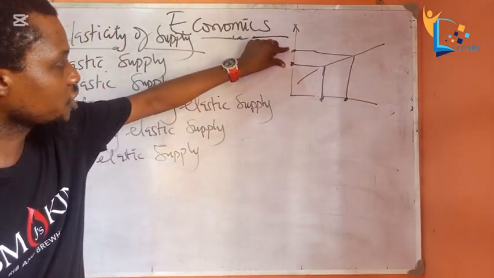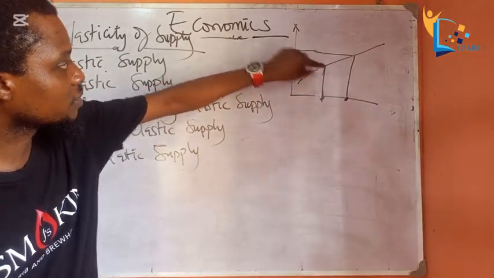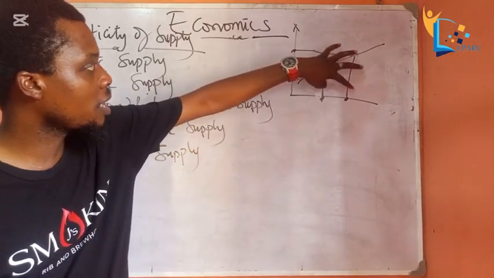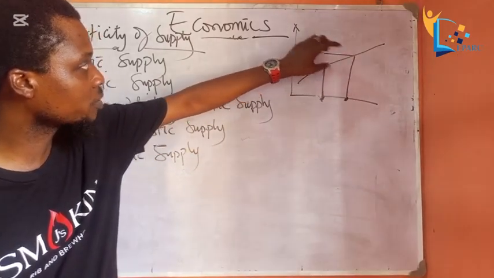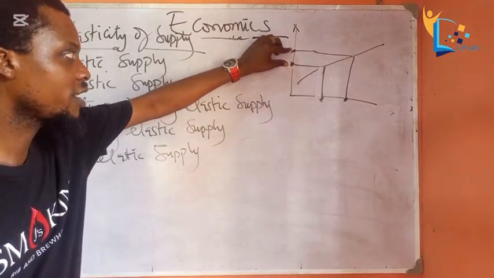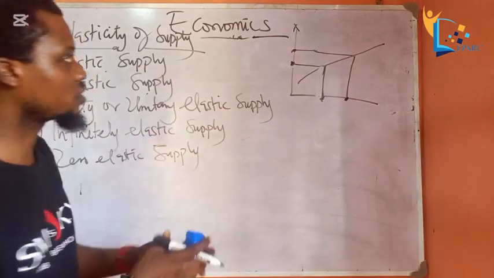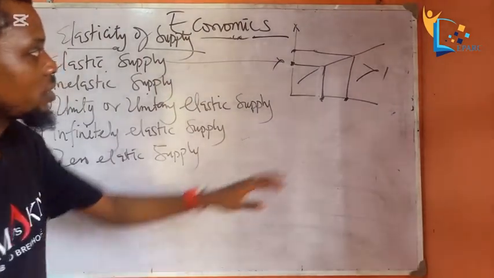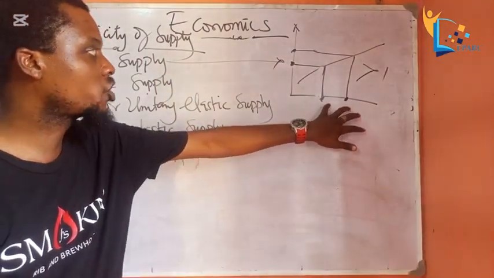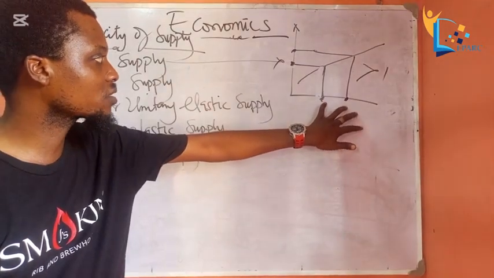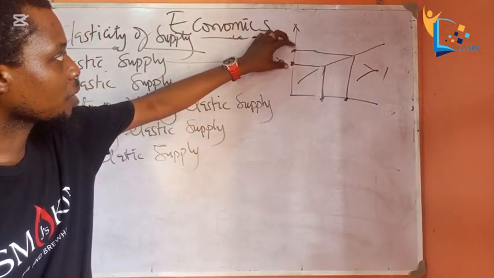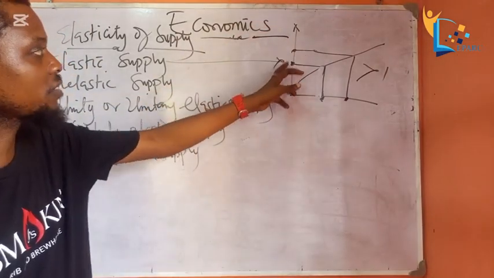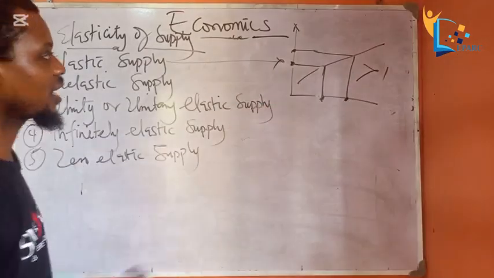So when a big change in quantity supply is brought about by a small change in price, it is called the elastic supply, and it's greater than 1. Let me come again. When a big change in quantity supply is brought about by a small change in the price of the commodity, that is the elastic supply.